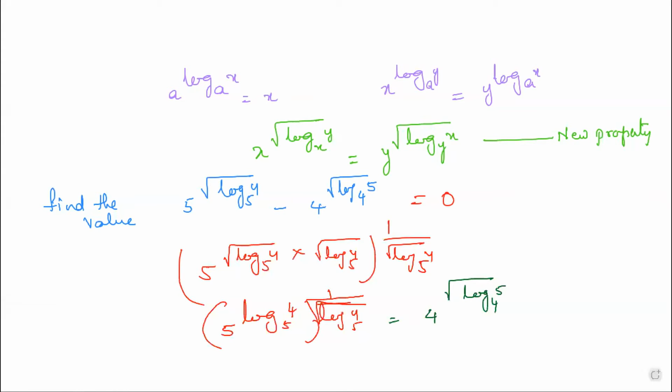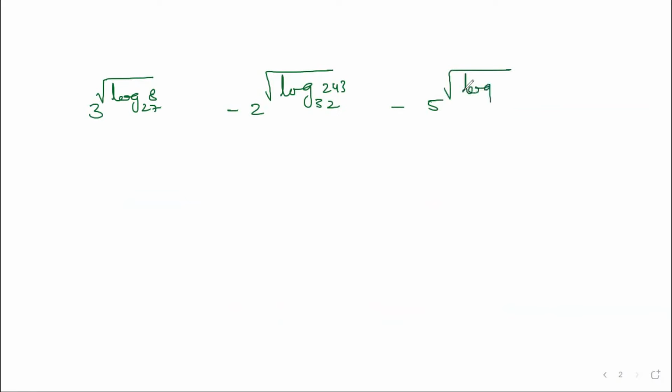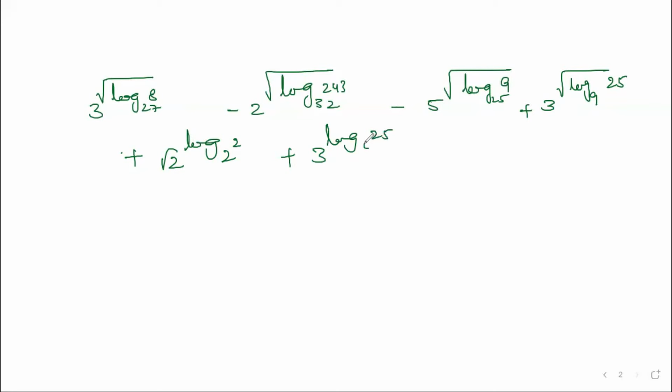Let's see another application of the same property. Suppose I have 3 raised to root of log 8 to base 27 minus 2 raised to log 243 to base 32 minus 5 raised to log 9 to base 25 plus 3 raised to log 25 to base 9 plus root 2 raised to log 9 to base 2 plus 3 power log 25 to base 4 minus 5 power log 9 to base 4.